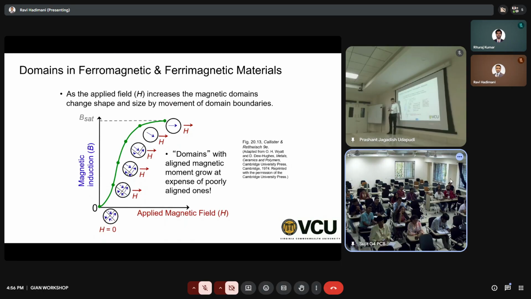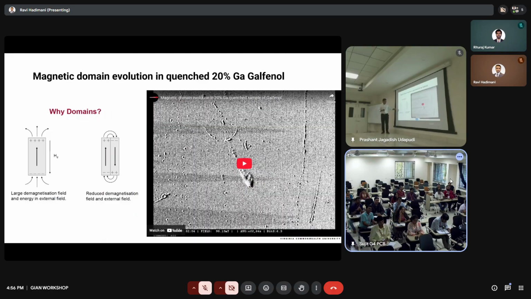Materials like to have multiple domains because if you have only one domain, look at the magnetostatic energy. The magnetostatic energy, again, I don't want to go too deep. Faraday's law, which is curl, says the magnetic fields are always closed loops. The flux lines always close. If it is one domain, they have to close in a much bigger area.